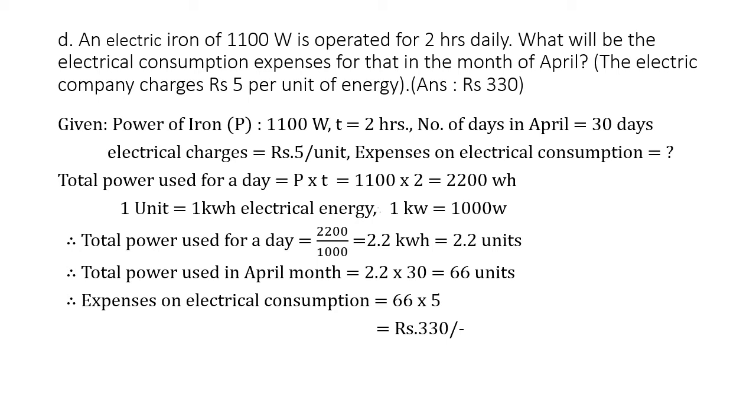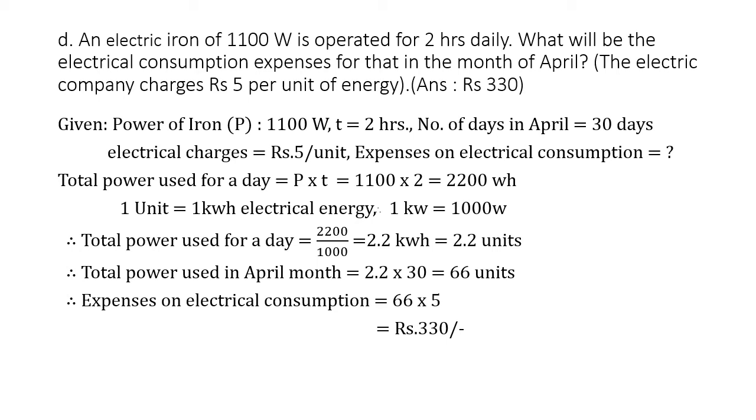Correct? The rate is given: the electric company charges rupees 5 per unit of energy. If the electric company is going to charge you, how will they charge? Based on how many units of electricity are consumed. If you see your electricity bill, it shows the units consumed in the particular month.